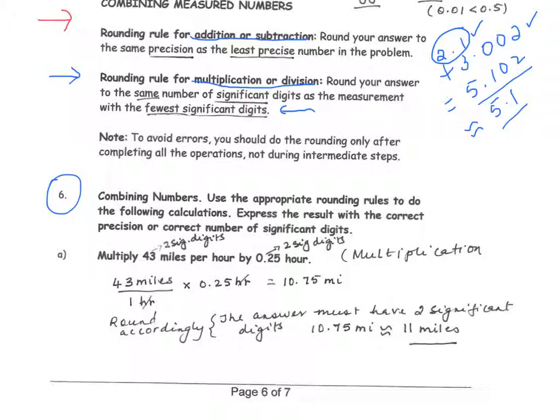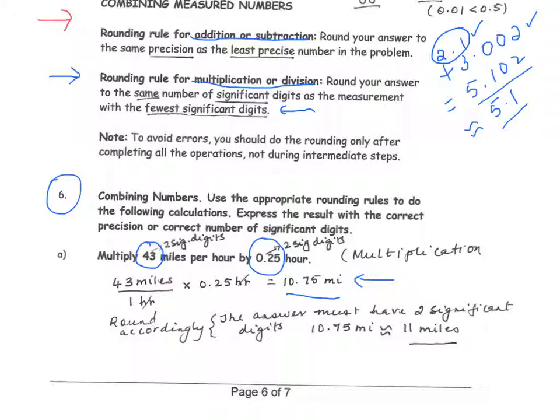Now, multiply 43 miles per hour by 0.25 hours. So what we do here is multiplication. We get our final answer. But what are the rules of rounding? When it comes to multiplication and division, what we need to do is count the number of significant digits. There are 2 significant digits in this number, 2 significant digits in this number. So our final answer needs to have 2 significant digits, and what we get is 10.75.